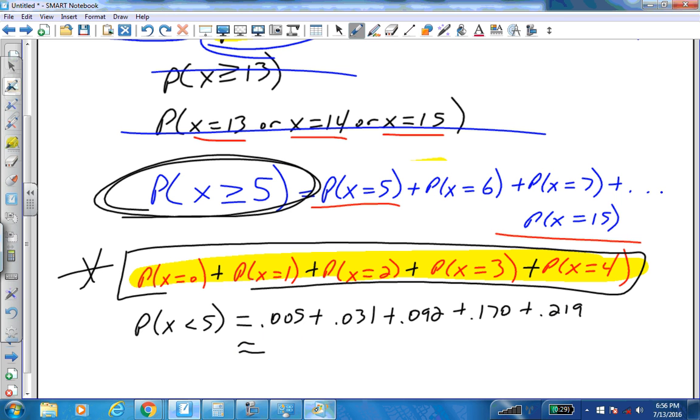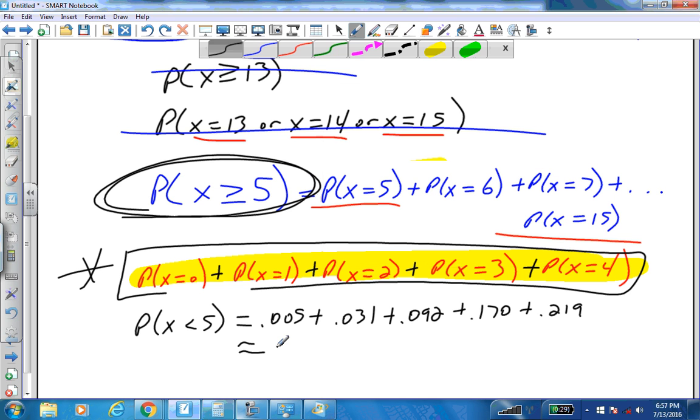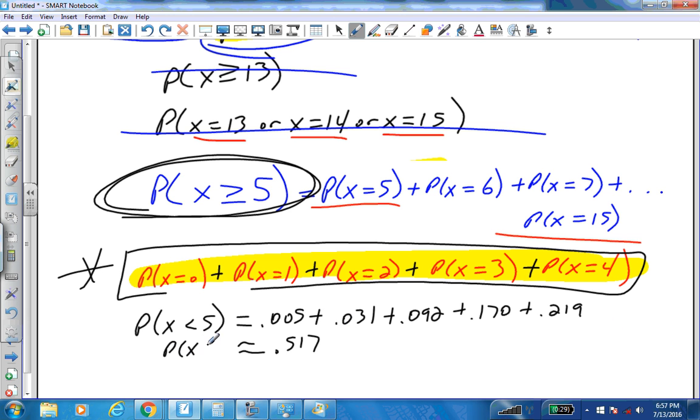So if we add those up, 0.005 plus 0.031, if we add those together, we get 0.517. And keep in mind, those are all rounded to 3 decimal places. So the probability of having fewer than 5 is 0.517.